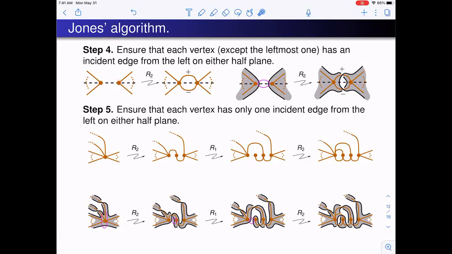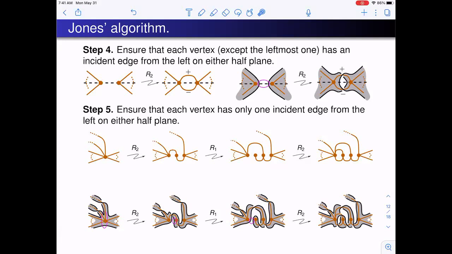Then I can just do that Reidemeister 2 move between the corresponding branches here, and it will introduce two more edges. One of them will be plus, one of them will be minus. And after that, I always have an edge from the left. I always have the right sign, positive on the upper half plane, negative on the lower half plane.